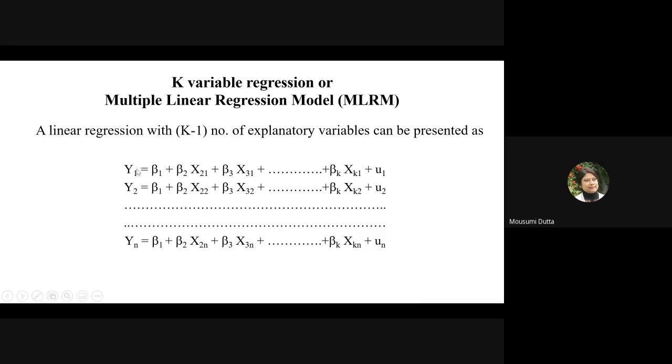We know that yi means we have observations y1, y2 to yn. We have the intercept term, and we have one explanatory variable, x2 say, and for that explanatory variable we have a number of observations. The gradient coefficient is beta 2.